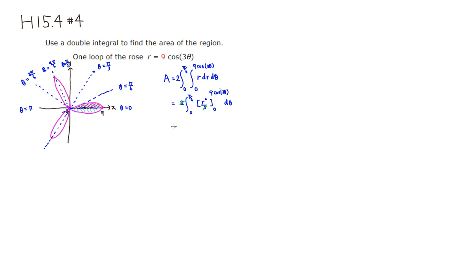So you have here 9 squared, so 81. Since it's just a number, I'll just place it outside. Then we have an integral from 0 to pi over 6, and then you have cosine squared of 3 theta, right?